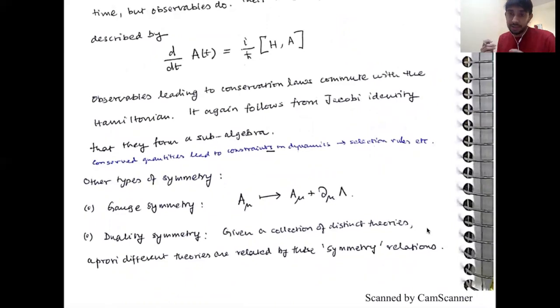So if you have a class of theories A, B, C, D, which a priori look very dissimilar from each other, under a certain mapping, maybe theory A maps to theory C, and theory B maps to theory D.